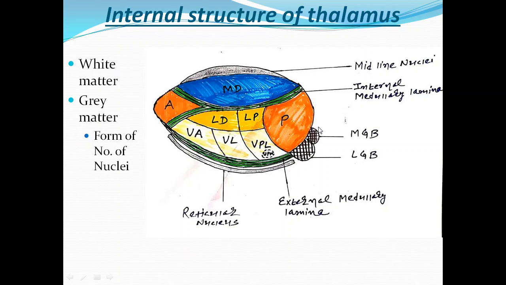These are known as the dorsal tier nuclei. Ventrally: ventral anterior, ventral lateral, and ventral posterior nucleus, which has two divisions, ventral posterolateral and ventral posteromedial. And these are known as the ventral tier of nuclei. These are the main thalamic nuclei.